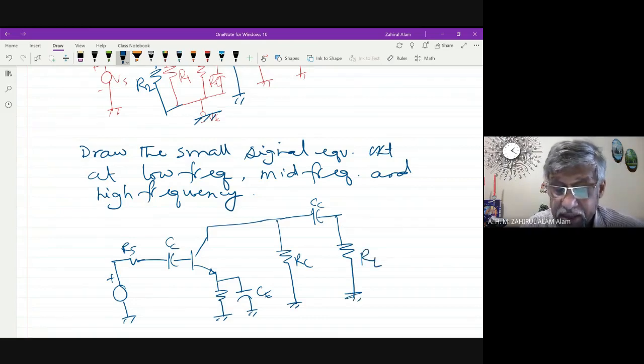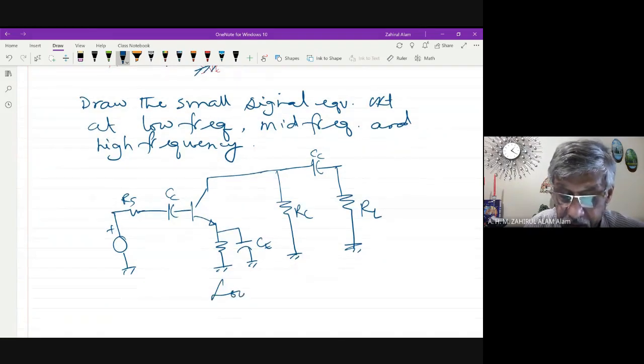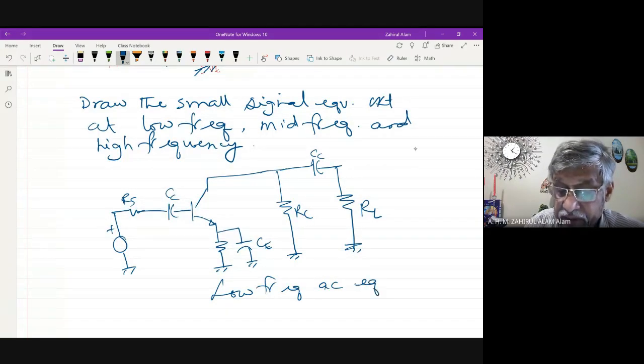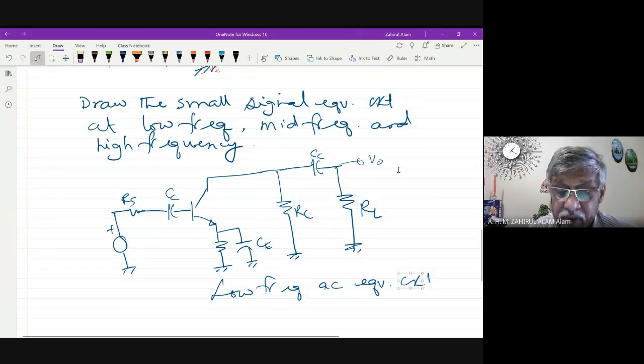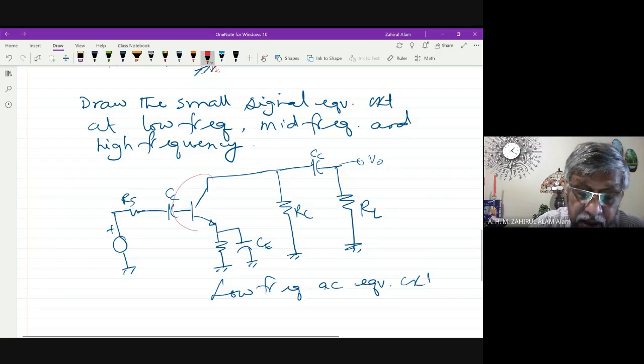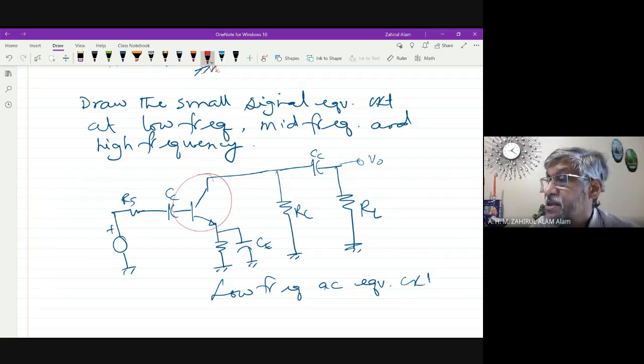So this is a low frequency AC equivalent circuit, not the small signal. So how to convert this to small signal? Then we need to replace this transistor with its equivalent circuit diagram. Is it correct?